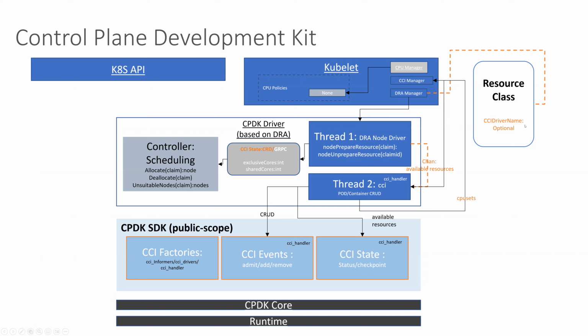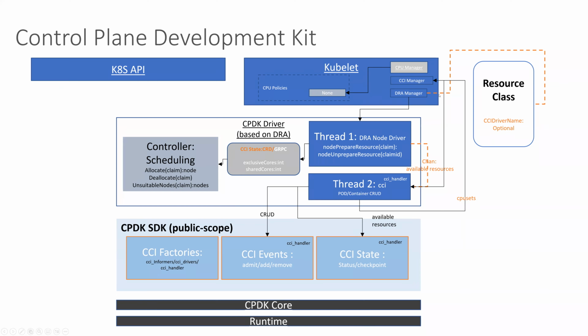The resource class has a field called driver name already, which is sufficient. We could provide a second socket for the CCI manager, where we can register drivers for CCI with exactly the same name, like in the resource class, and then we can use completely the same mechanism. This is what I'm doing in the demo, and we'll show it working.